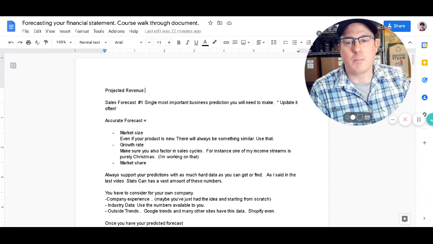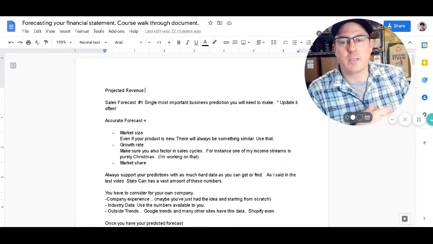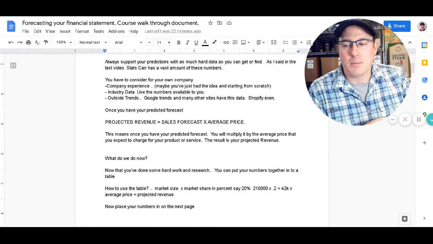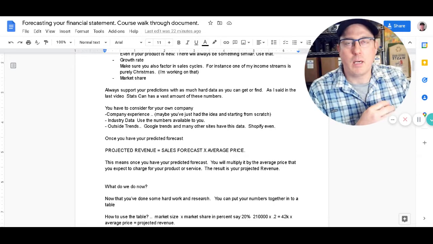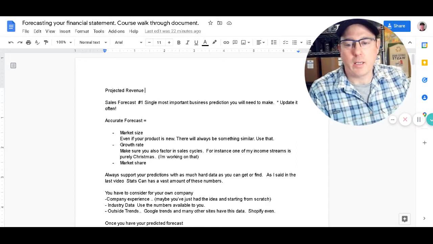So a lot of this information to put into your business plan and to start creating some spreadsheets will help you smooth your business out. It will help you forecast and plan for the future, and it will really benefit you greatly.